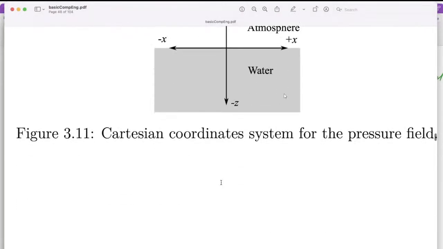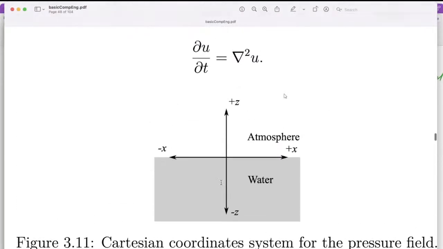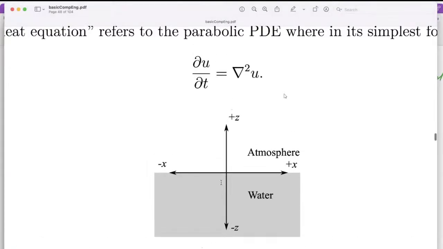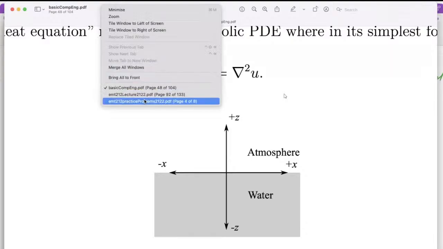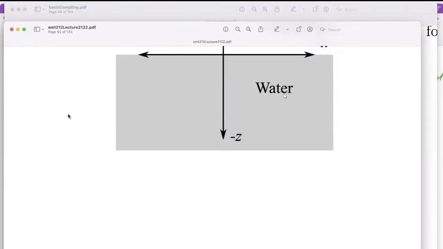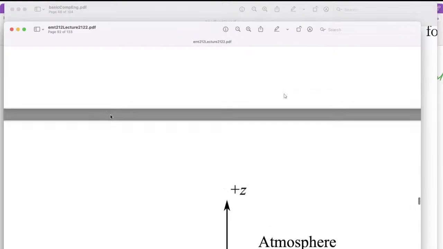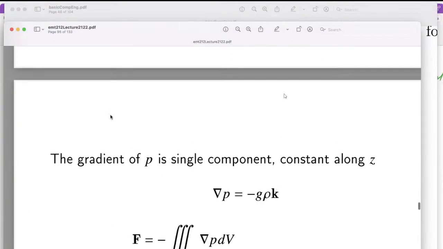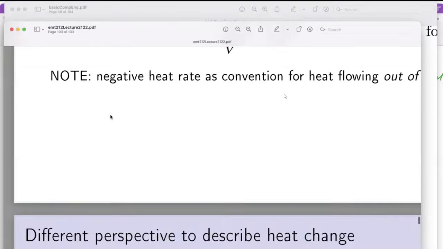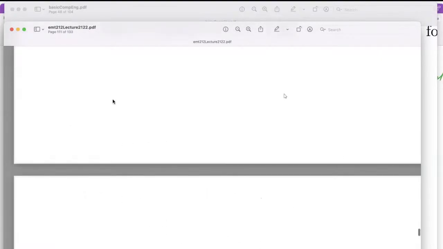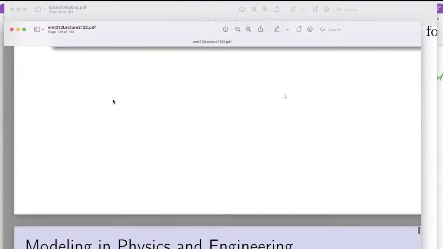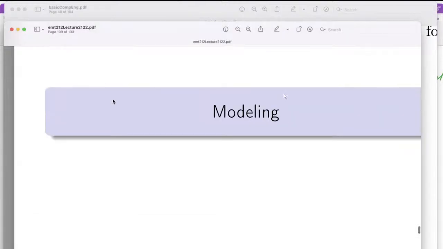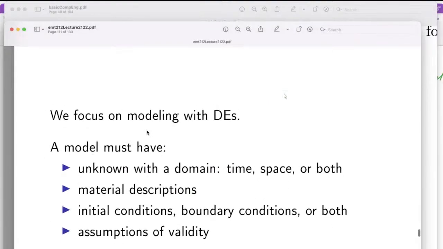I don't know if I have modeling in my slides here. My modeling part is very, very short. As I mentioned, it's only 2 slides. This is what I want to do. First, let me get to a new page.